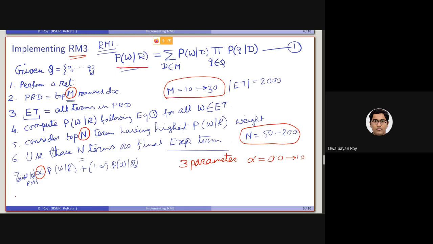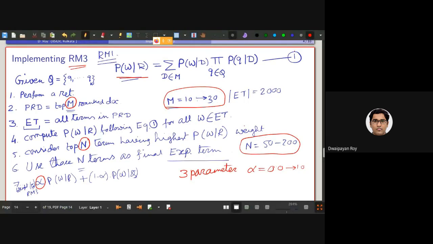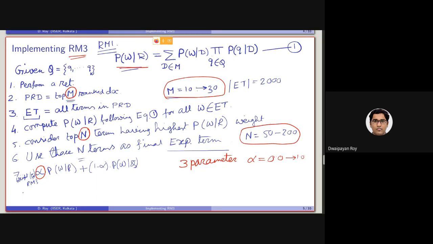Oh, okay. So finally, the eighth step I just missed. The final step in this model is perform again re-retrieval with the n terms together with their weights.